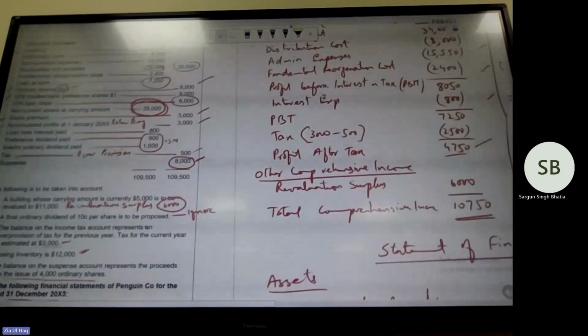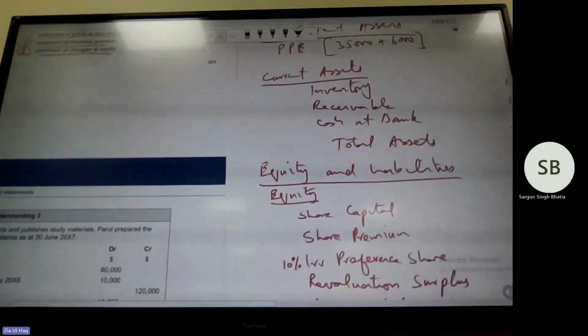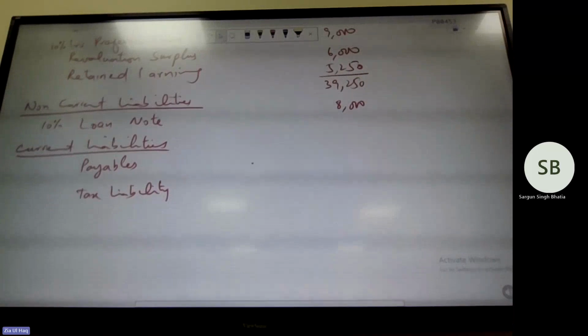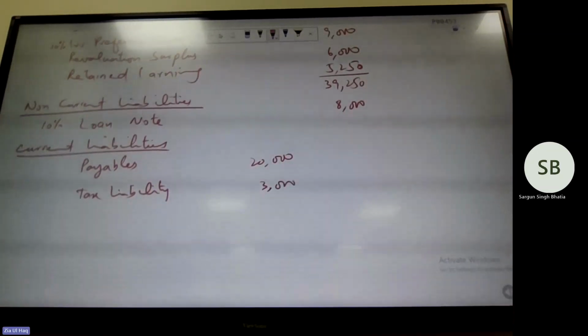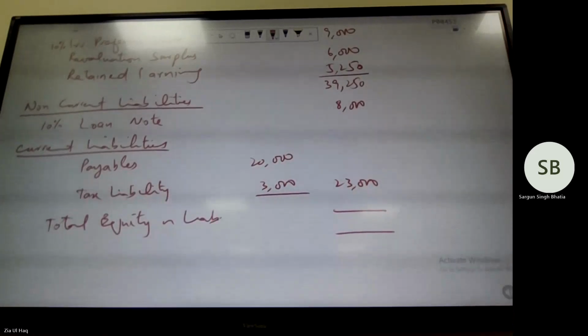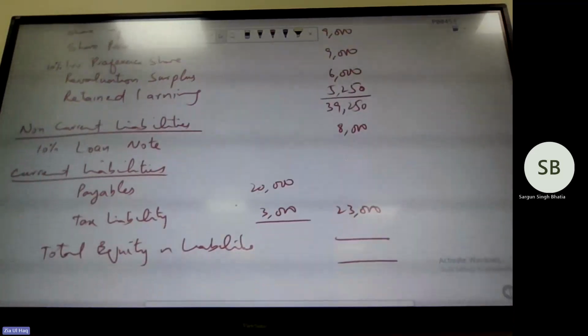Payables are of 20,000, and tax liability for the current year is 3,000. So payables are 20,000 and tax liability is 3,000, altogether 23,000. So we can calculate total equity and liabilities. And this total should be 70250.